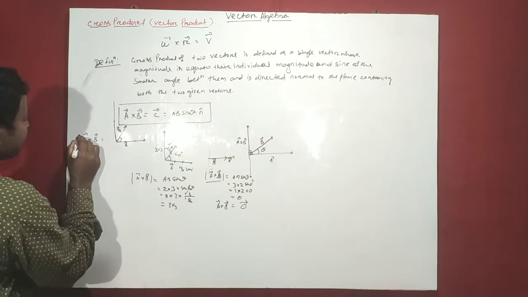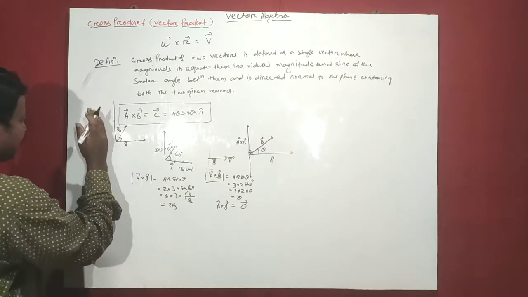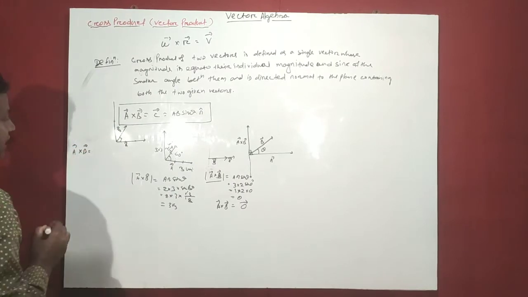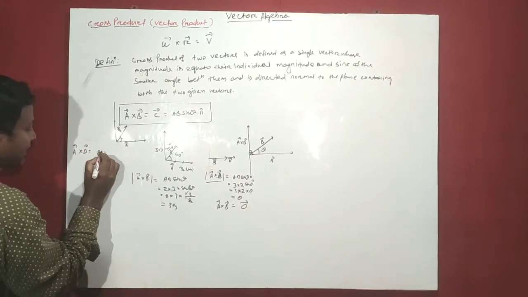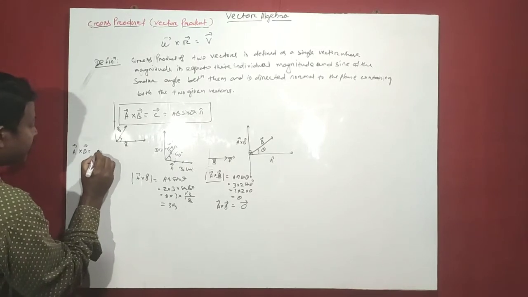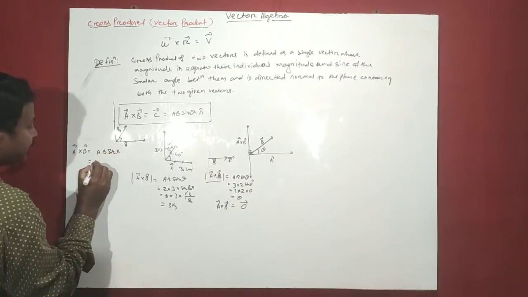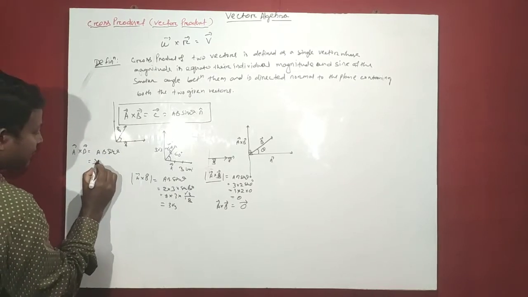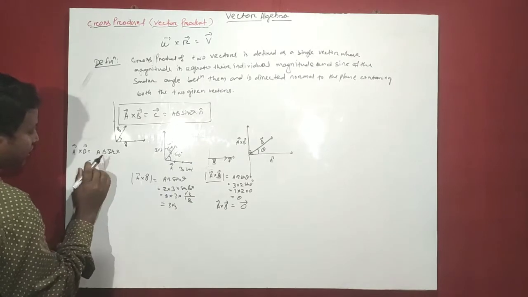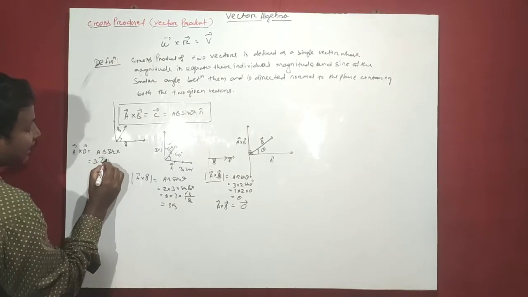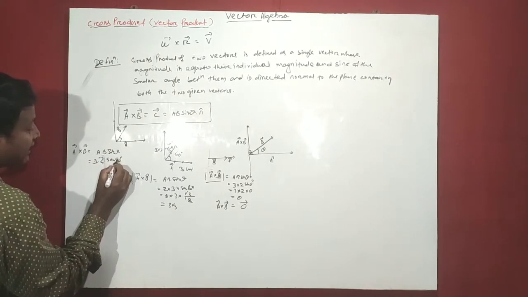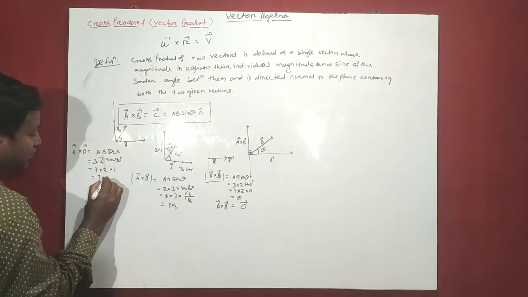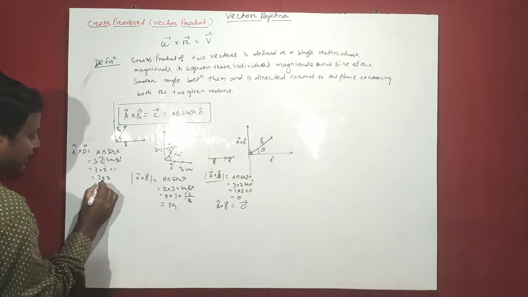How can you find the magnitude of A cross B? The magnitude of A cross B is equal to AB sin theta. A is 3, B is 2 units, and sin theta is sin 90 degrees, which is 1. So 3 times 2 is 6.